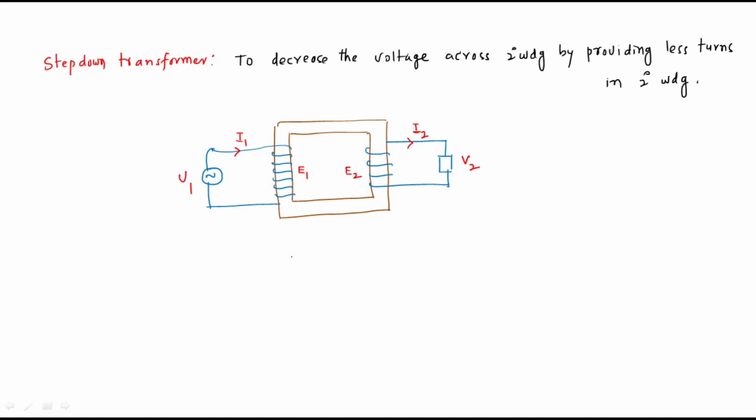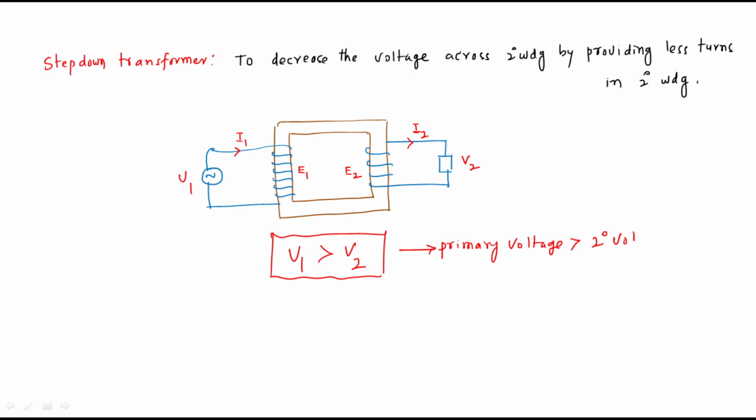Clear? So here V1, step down means what? Step up means what? V1 more than V2, that is, primary voltage should be more than secondary voltage.